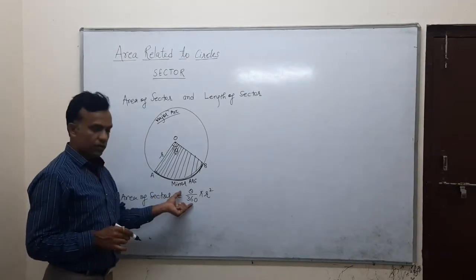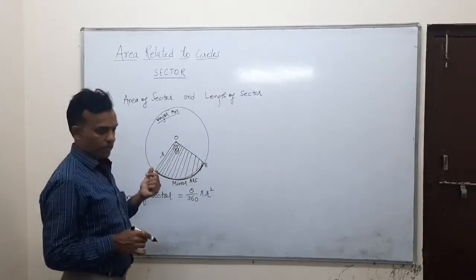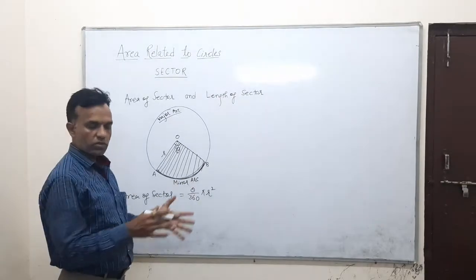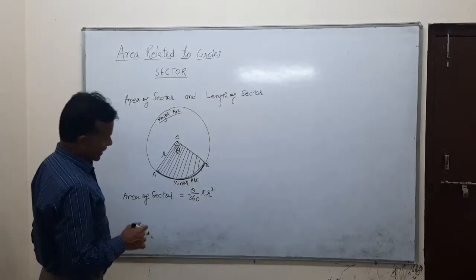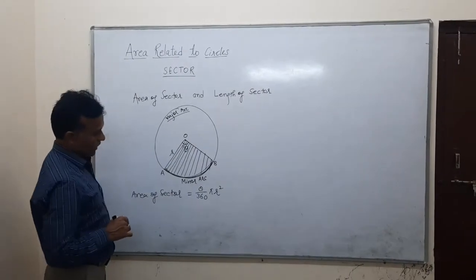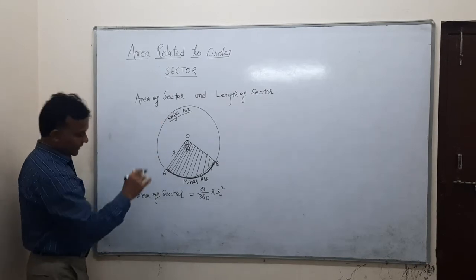So it is multiplied by theta upon 360. Like if your degree is 100 here, then 100 by 360 into pi r square. So this much part you calculate with the help of this formula. Theta is always given here, and using this formula you find the area of sector. And then secondly, you find length of sector.